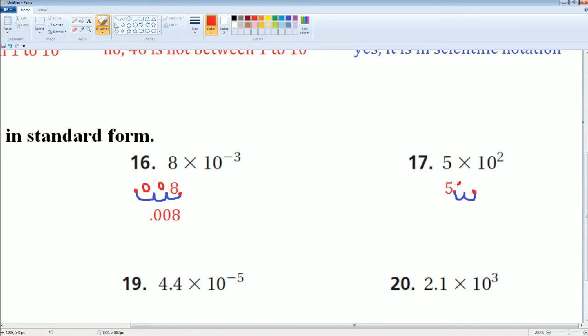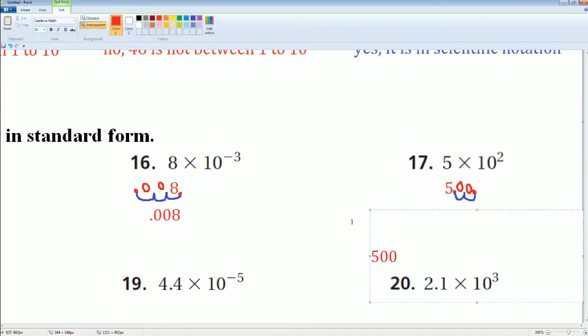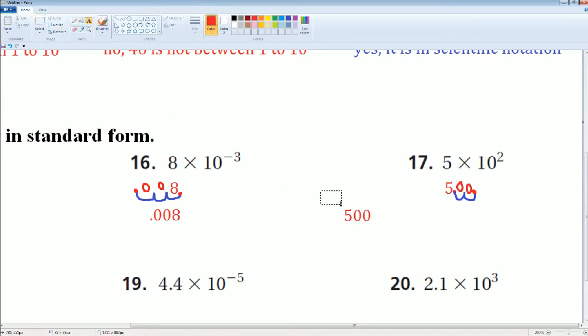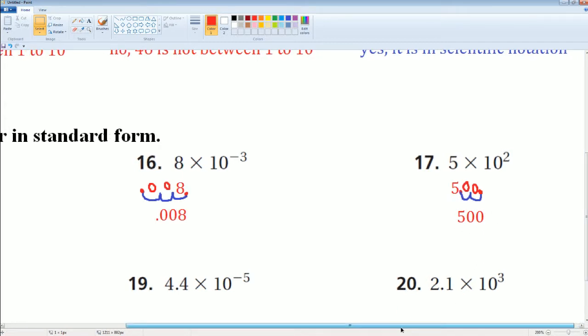Fill in the spot. That becomes 0. That becomes a 0. So your answer would be 50. Okay. Okay. Good. Right? Do you see positive number? Positive exponent, large number. Good?